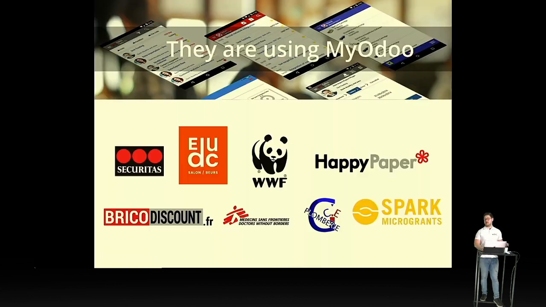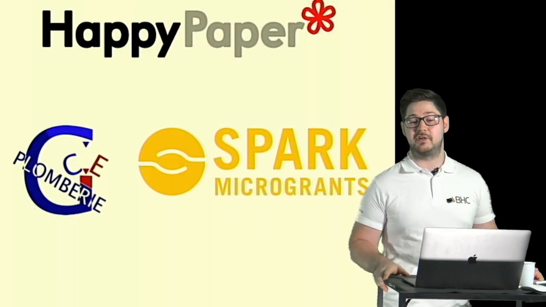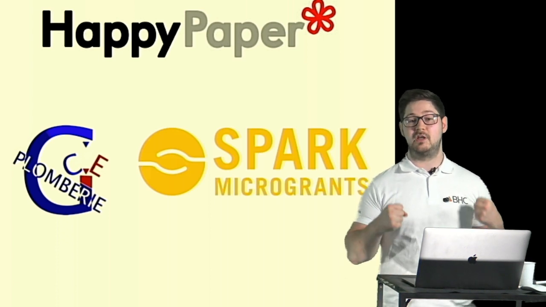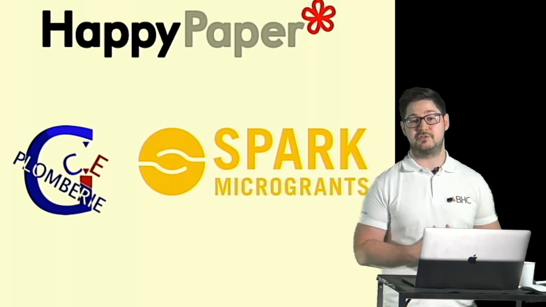Now let's talk about some apps that we developed based on this mobile app. It's really important to know that it is not only a mobile app, it's also a framework to develop new apps. So I will briefly introduce some apps that we developed with this framework. For example, an app for Securitas in Portugal allowing them to manage security interventions in the field.